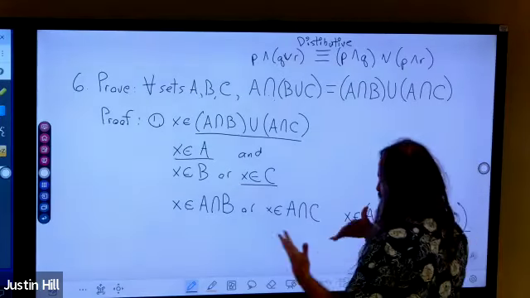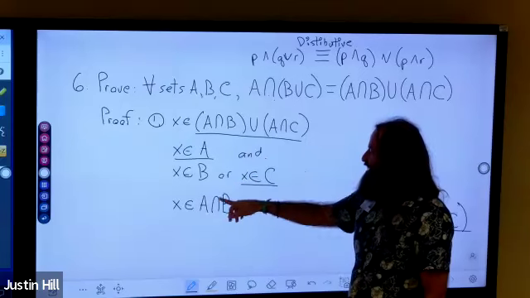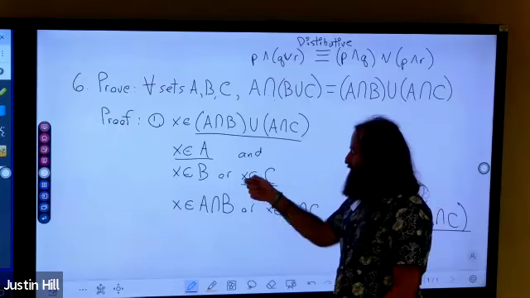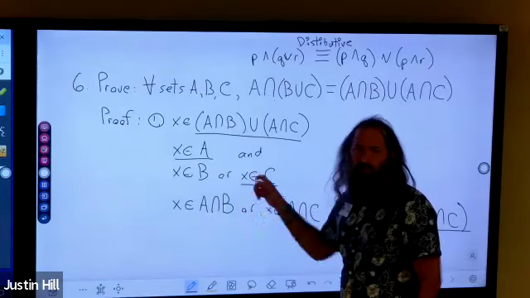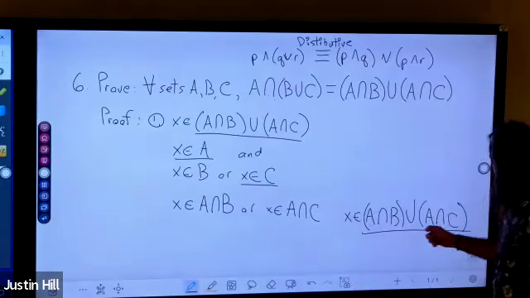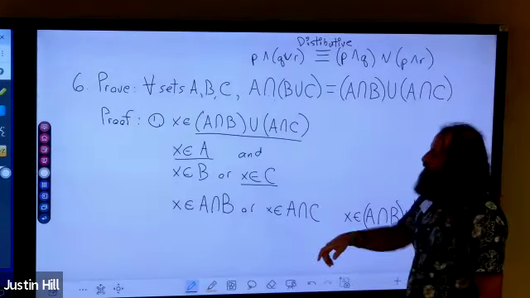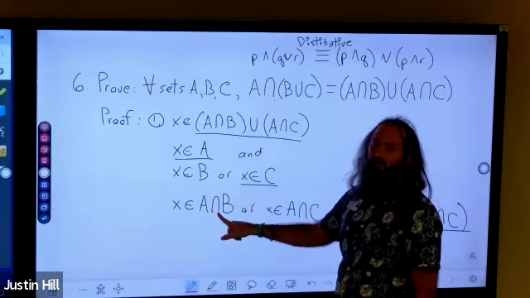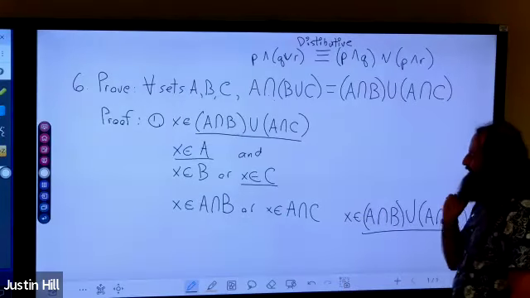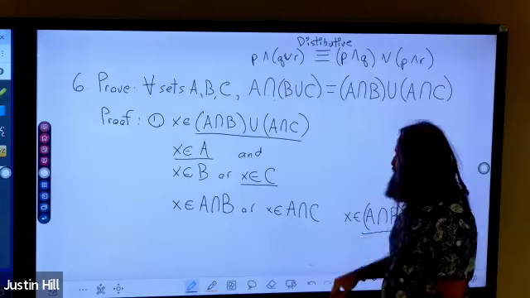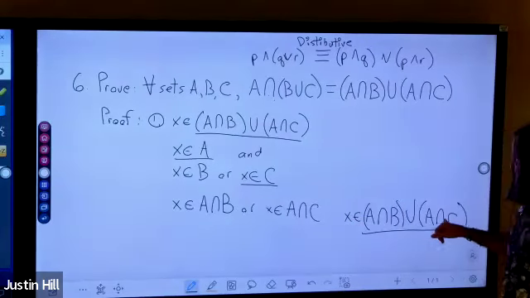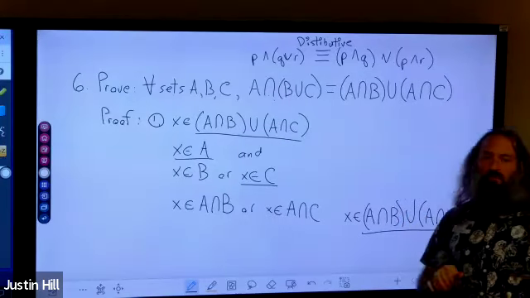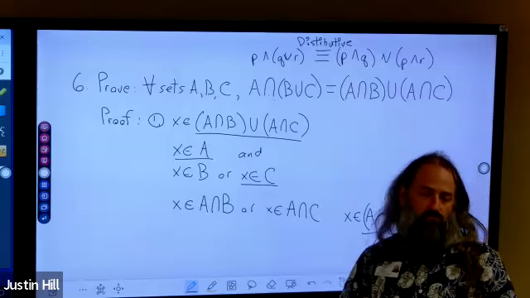And then she uses the properties of logical statements and the definitions of intersection and union to rearrange this and zip it back up into this set statement. So she says X is in A and X is in B, and she says, well, and is intersection. So now we have this part. And X is in A and X is in C, so now we have A intersect C. And or still means union, so now we can stick a union between them, and voila, we have our statement.